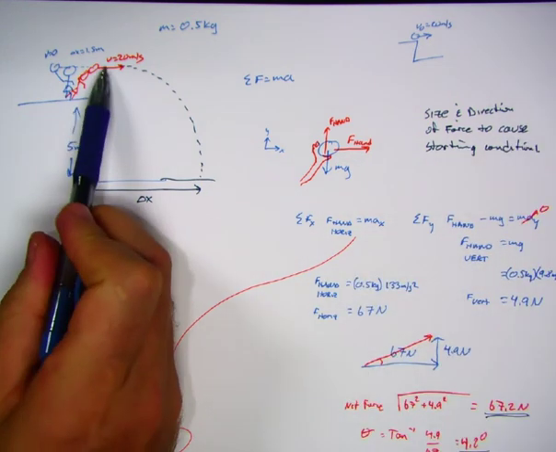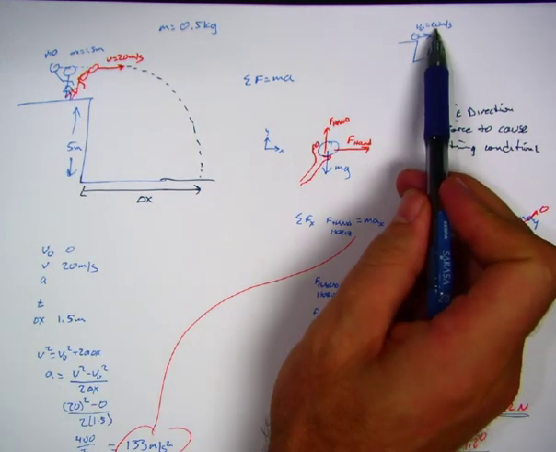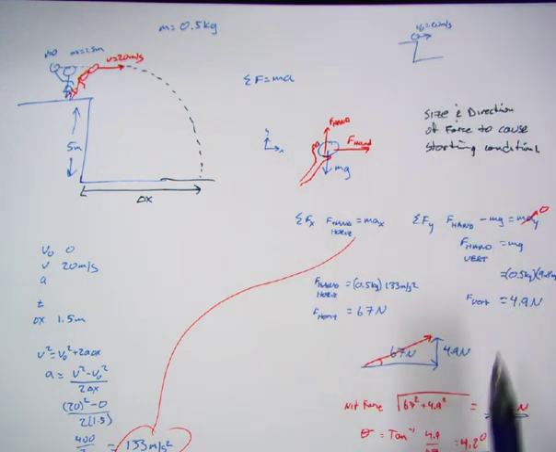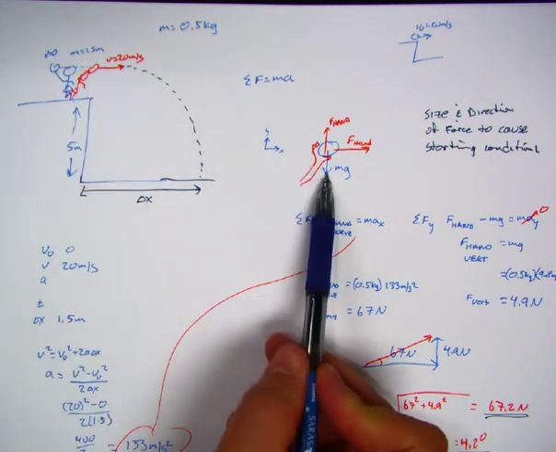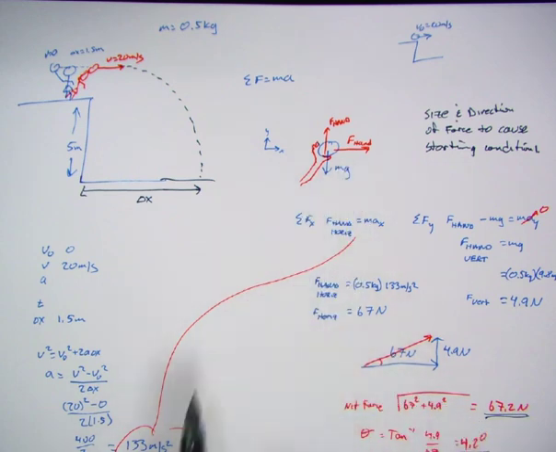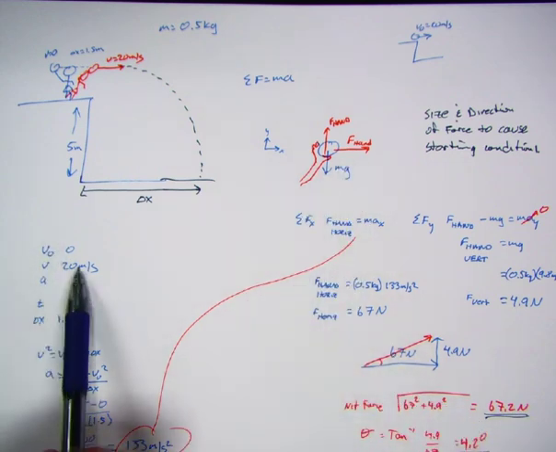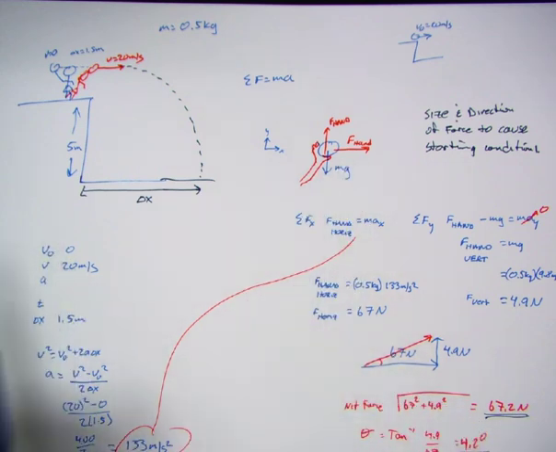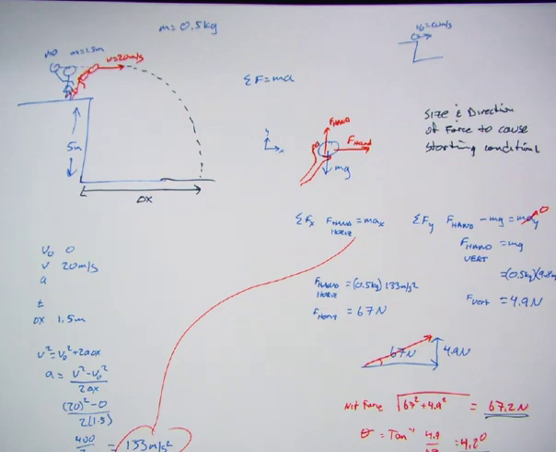How do we get to 20 meters per second? Now we know. We know we have to have a certain force, 67 newtons, 4.2 degrees above the horizontal, in order to apply that to the ball to balance gravity, to accelerate it so that I can go from 0 to 20 meters per second over 1.5 meters. And now I can start my problem, which is my old school kinematics problem. So that's how the problem's going to work, and we'll go from there.